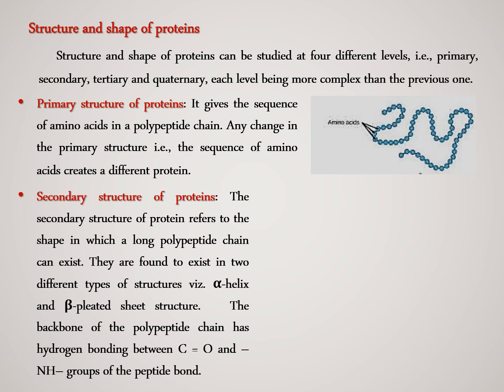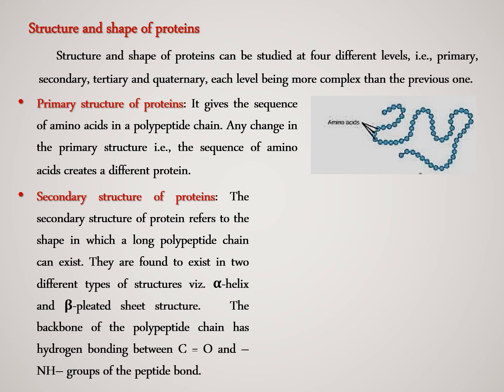Let us talk about the secondary structure of the protein. In the secondary structure, we are having the long polypeptide chains, how they exist, that is explained by this secondary structure.